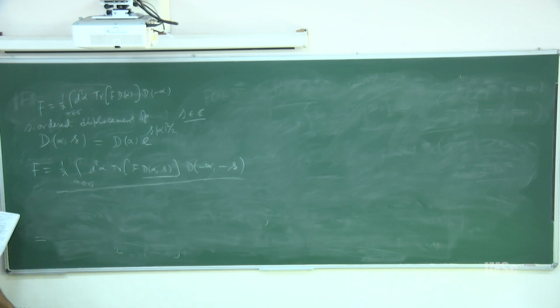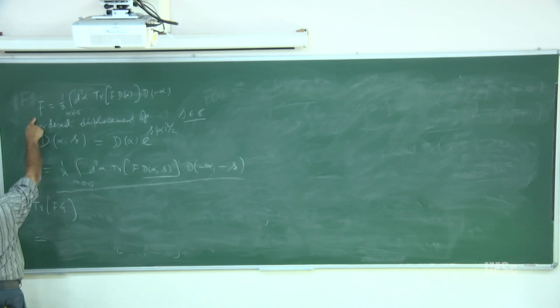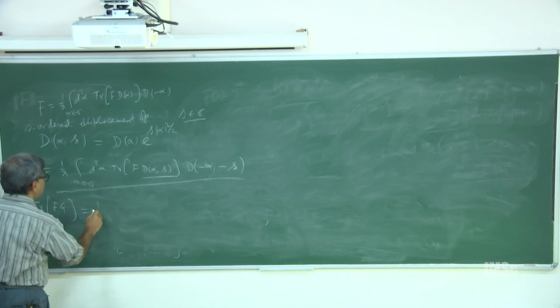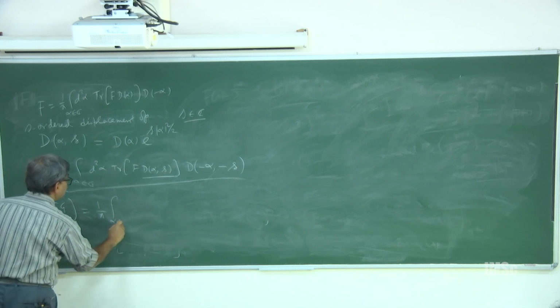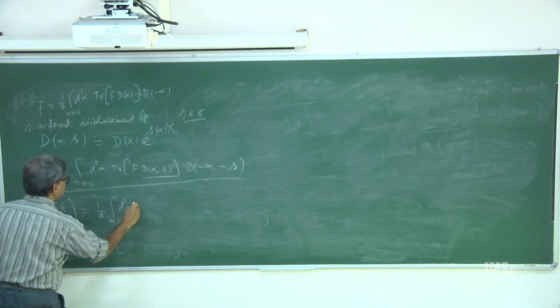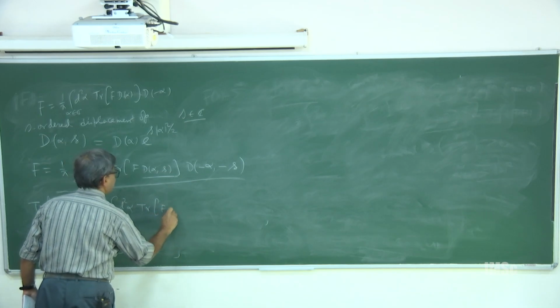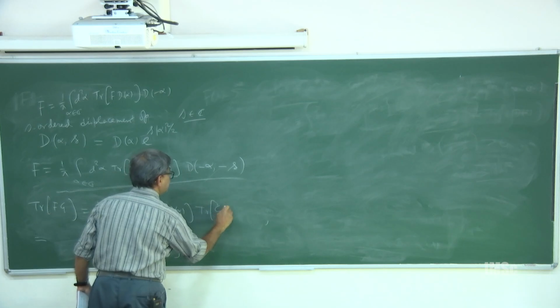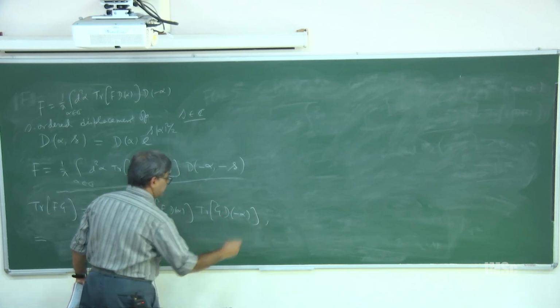Just before that, if I take trace of f and g, for let us say two bounded operators, this will be 1 upon pi, integral over alpha belonging to C, d square alpha, trace of f D of alpha, then trace of g D of minus alpha, right.